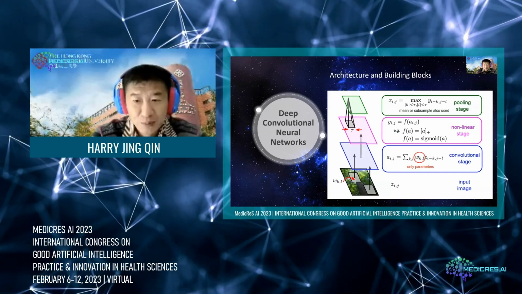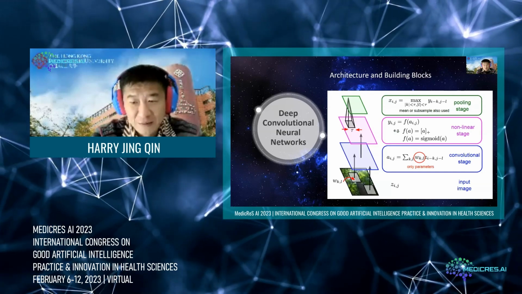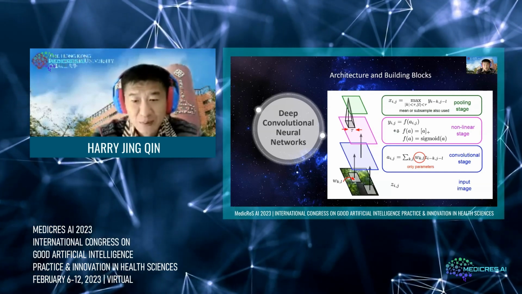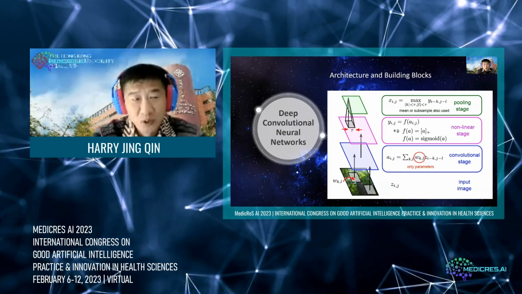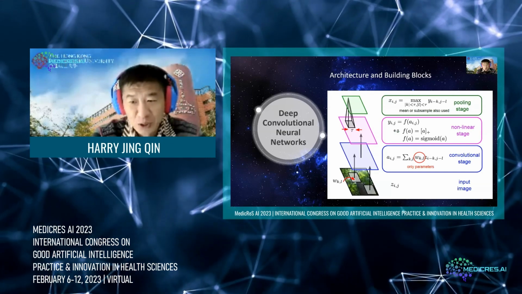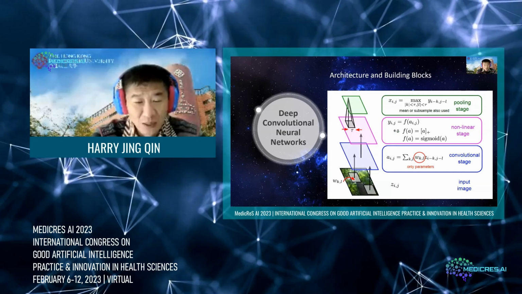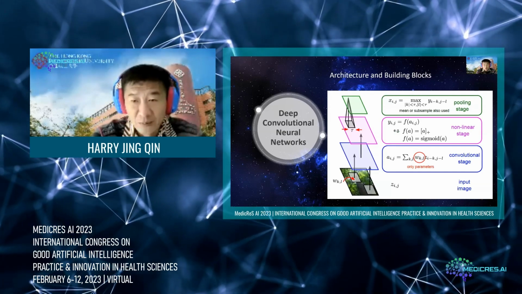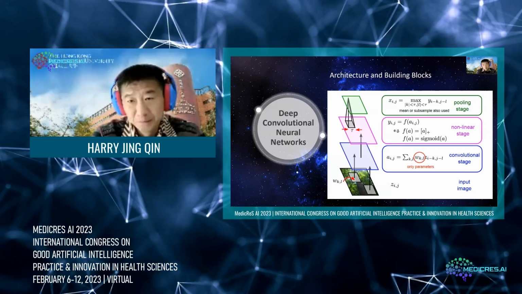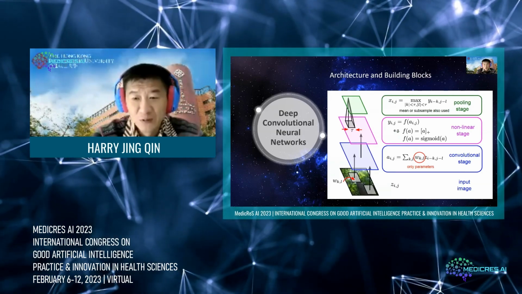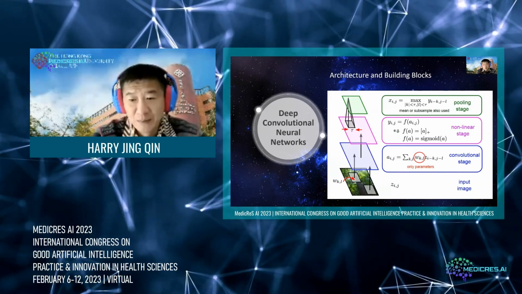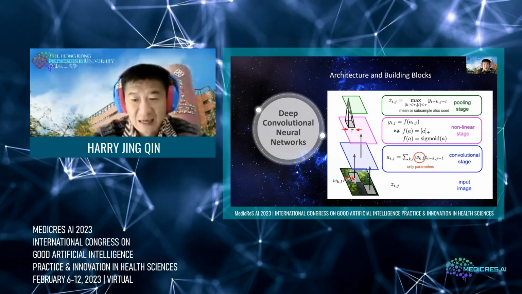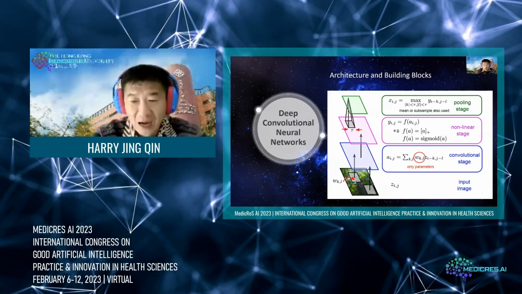The function of the pooling layer is to progressively reduce the spatial size of the representation in order to reduce the number of parameters and the computation in the network, and hence also control the potential overfitting problem. Finally, after several convolutional and pooling layers, the high-level reasoning tasks, such as detection and classification, are done by fully connected layers.